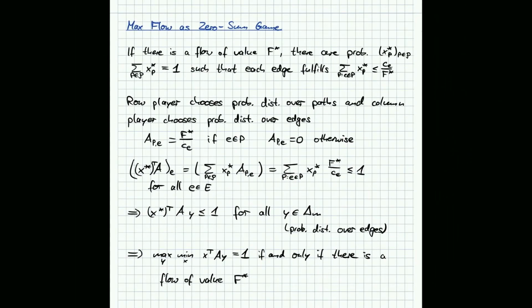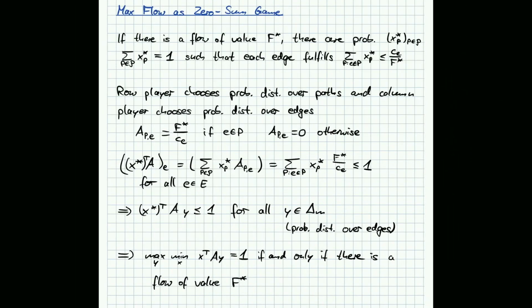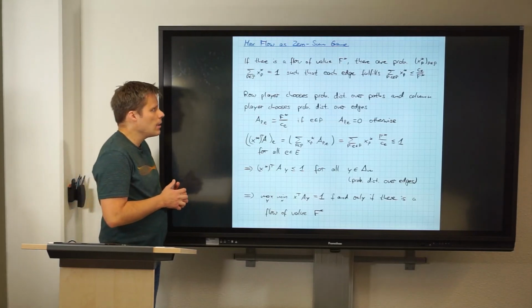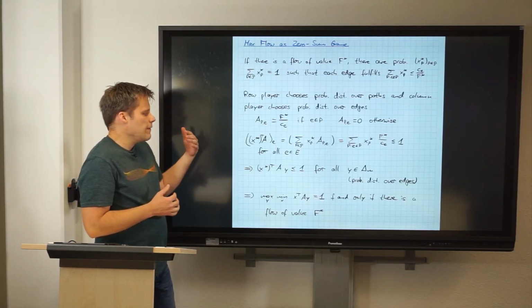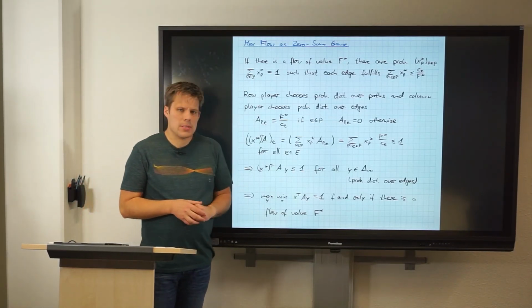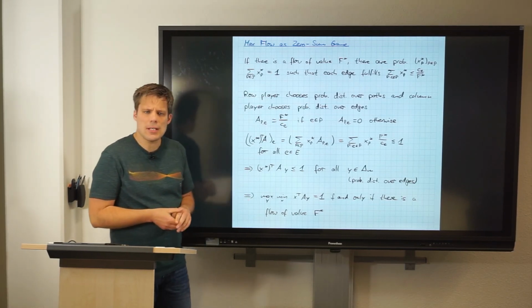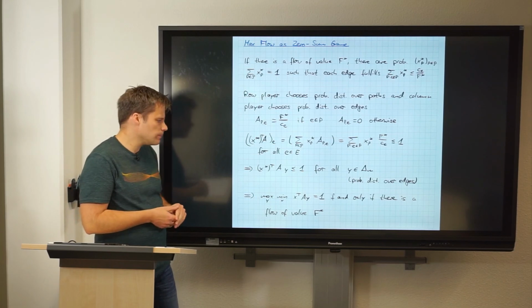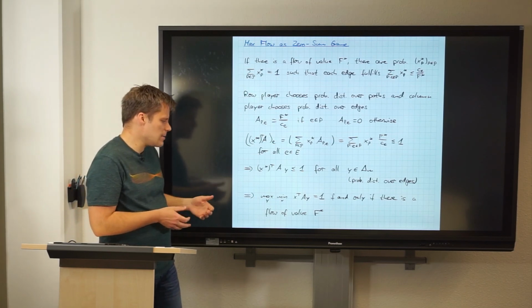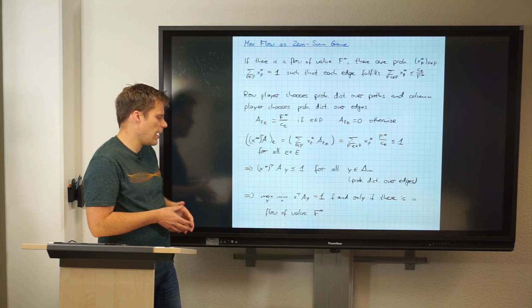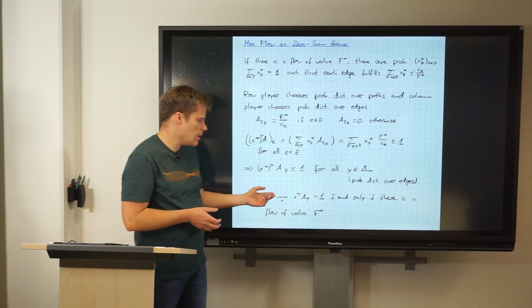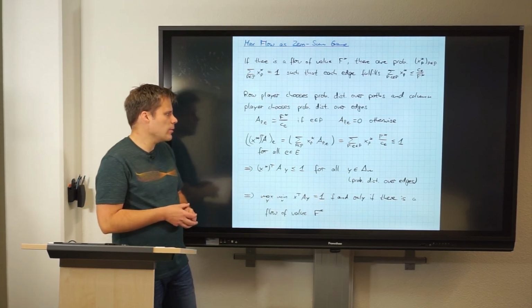So effectively, our algorithm was trying to find a solution to this zero-sum game, and it is succeeding by doing so. It was trying to find this pair of x and y such that we get this value 1 here.